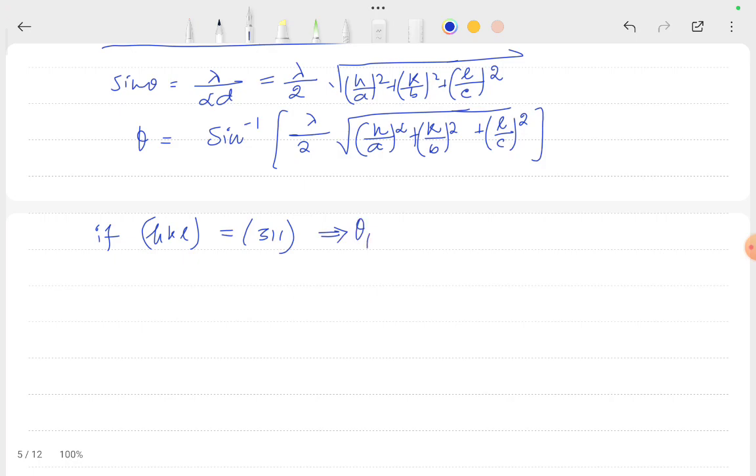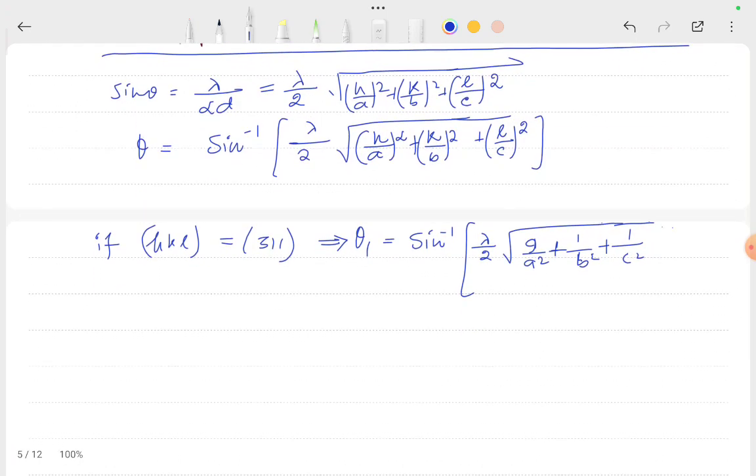Theta 1 angle equals sine inverse of lambda by 2 into 1 by the square root of 9 by a square plus 1 by b square plus 1 by c square. This is the position of one peak.